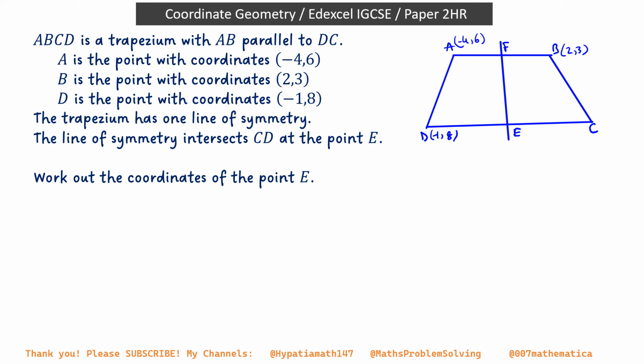So line of symmetry means that AF would be equal to FB and DE would be equal to EC. So if I may write that EF is a line of symmetry, therefore AF equals FB and DE equals EC.